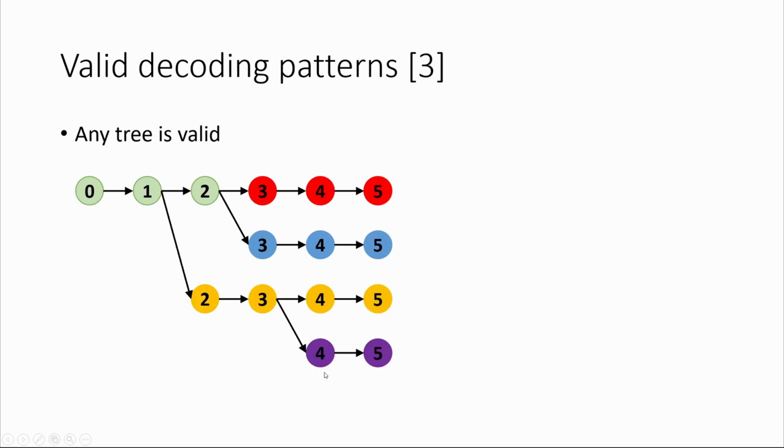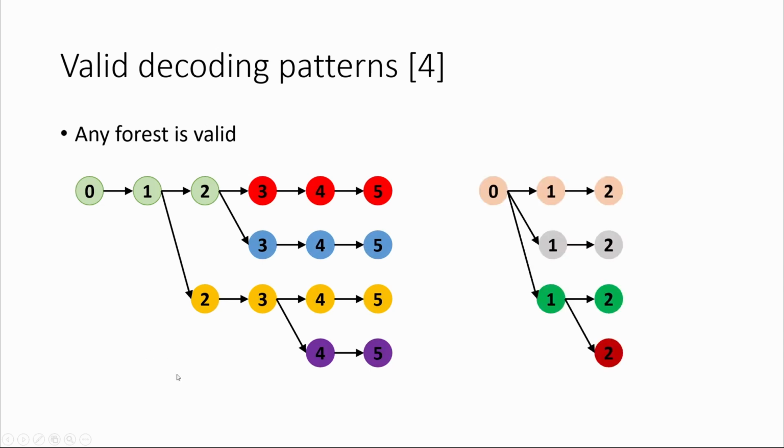So you can branch more than once. Any tree is a valid pattern. And if you look at all the 4s on here, each 4 can see exactly its own 3, 2, 1, and 0 in its ancestry. But the reality is you don't have to limit yourself to a single root. Any forest is a valid pattern because these 2s see a 1 and a 0, and these 2s over here see a 1 and a 0, and it doesn't matter the fact that they're not sharing anything.